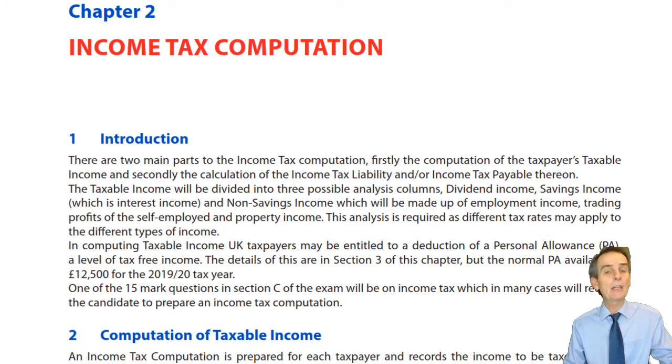I hate to tell you this, but it's not that simple when it comes to income tax. As we will discover, there's a range, as we've just said, of different sources of income. And some of those sources of income are categorised into categories that will have their own separate rates of tax. And as we'll discover, it is a progressive taxation, something you may have read about in Chapter 1.